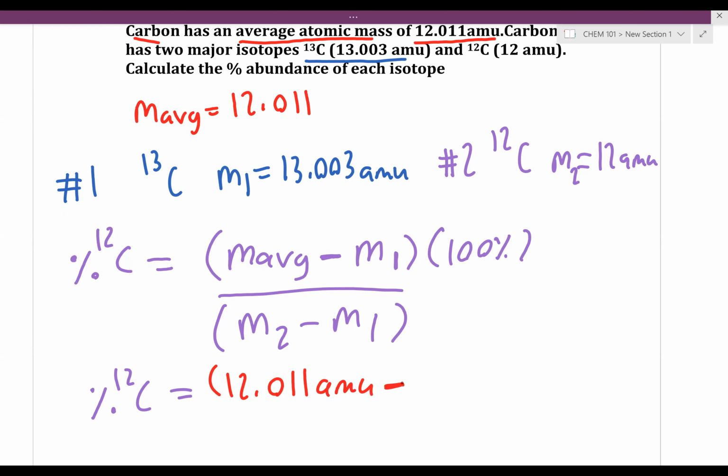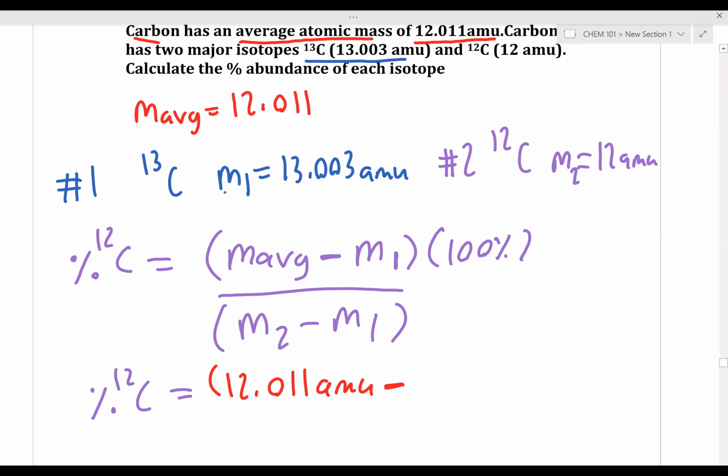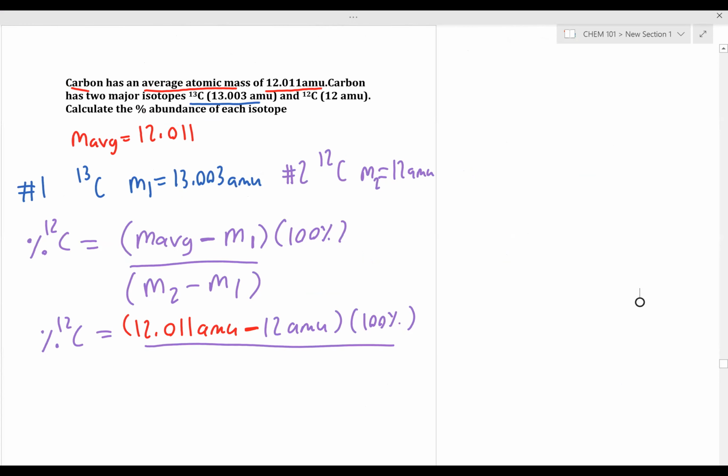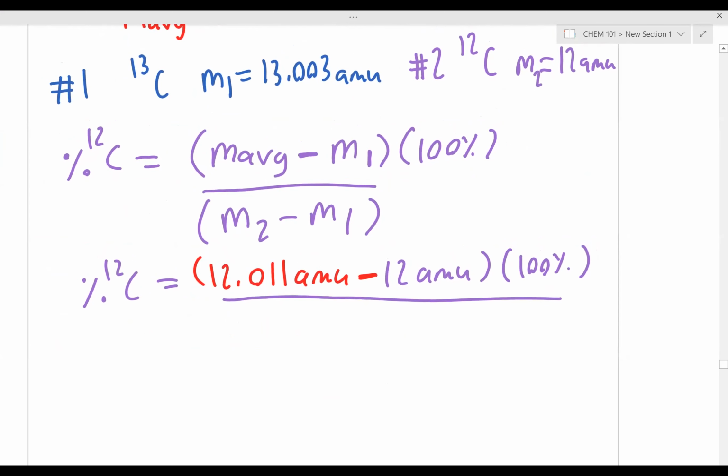Do we know the mass of isotope number 1? Do we know the mass of carbon 12? What is it? 12. Yep. So we're going to take 12 AMU times 100% divided by, oops, one moment. That's an error.